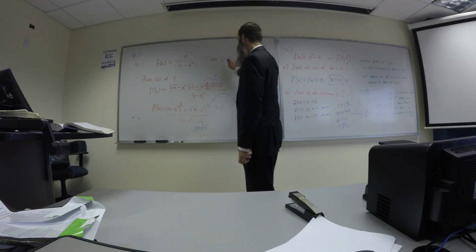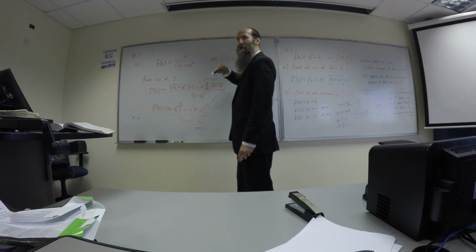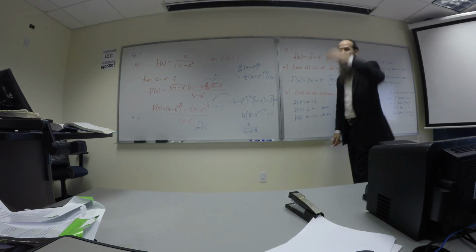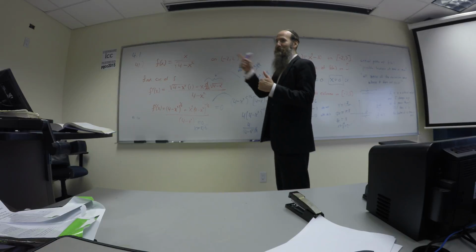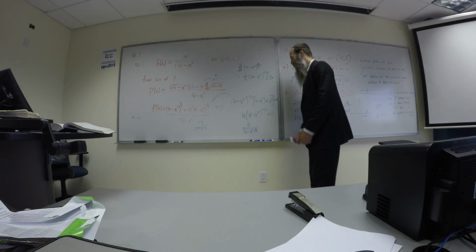No, the function can be negative. Negative 2. But it's always increasing. How do you know it's always increasing? Because since you know it's always going one way, if you plug in a negative number and then a positive number, it must have gone up. Yeah. Very good. That's a logical way of looking at it.